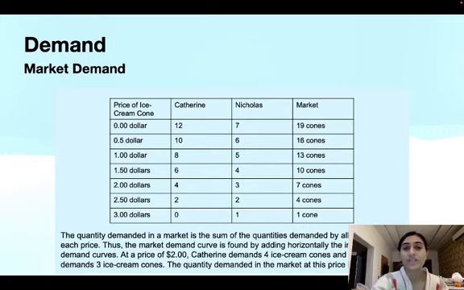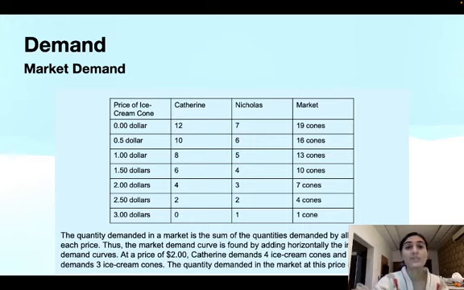This relationship in the table format is called a demand schedule. There is another buyer, Nicholas, and the same is happening for Nicholas: if the price of ice cream is increasing, then he is going to demand less. But how much less, and how much he was initially demanding, can vary among different consumers.